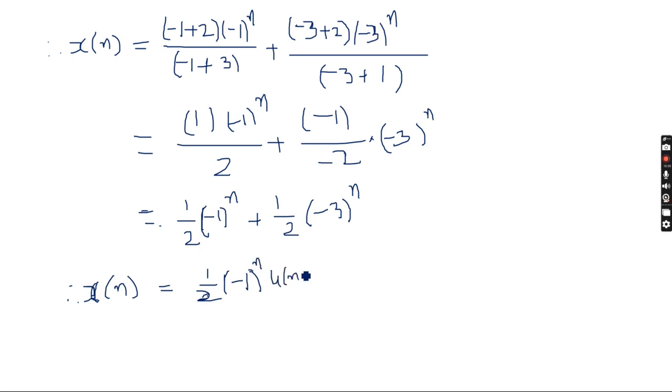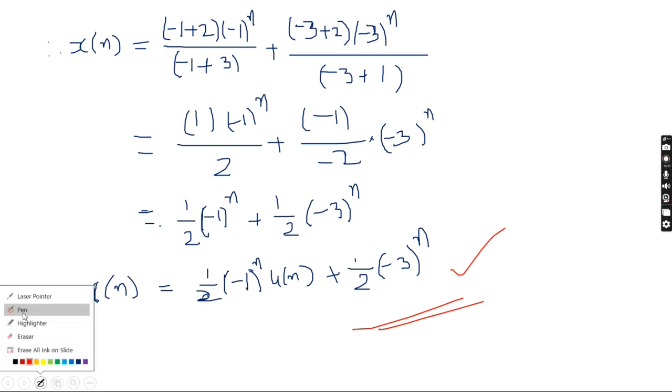So u of n, minus 3 whole to the power of n. Now this is the answer.